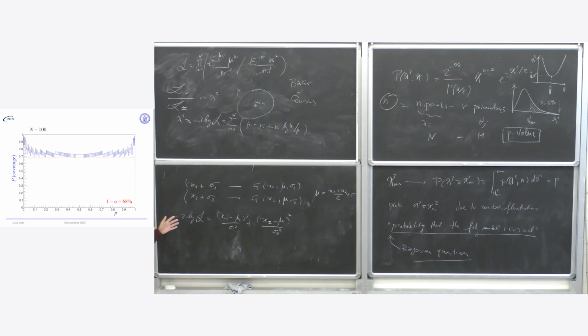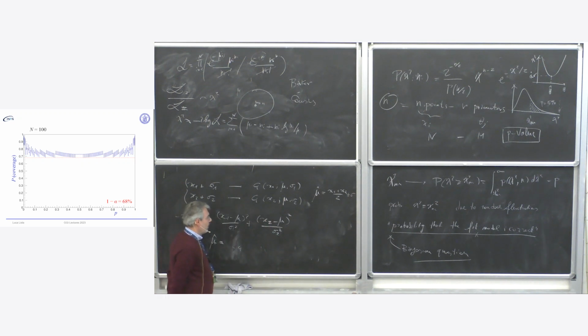We can then find the minimum of this chi-square just by computing the derivative, and we end up with the minimum where the estimate for mu, mu hat, is equal to the famous weighted average.